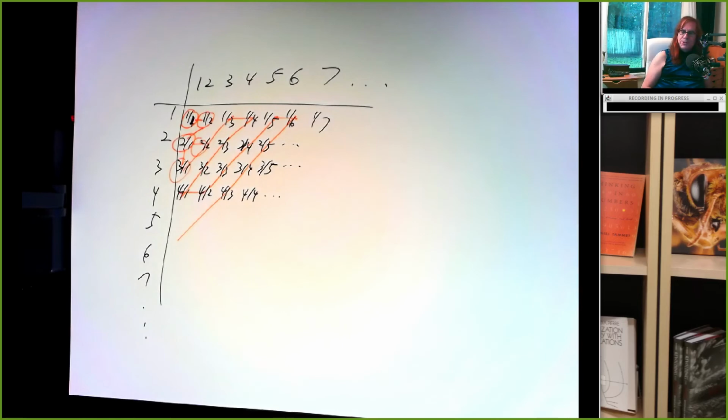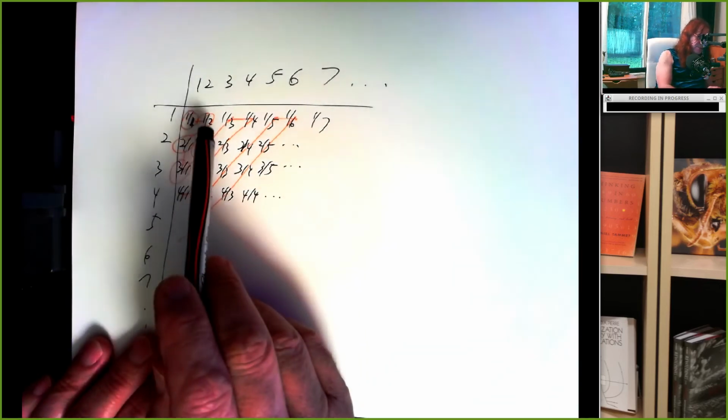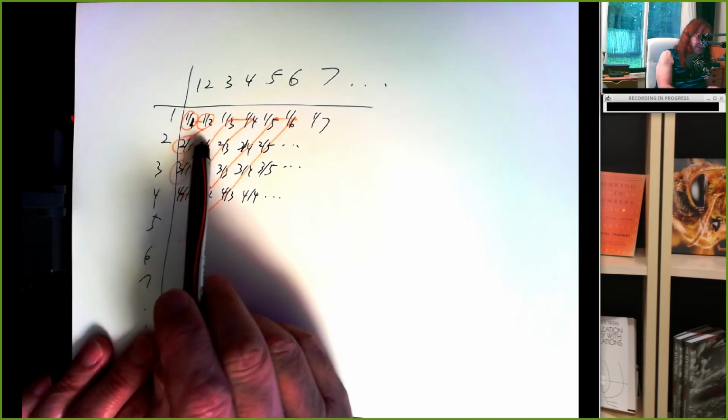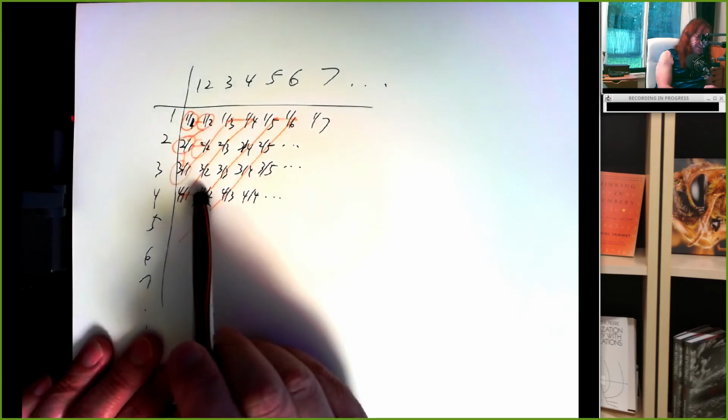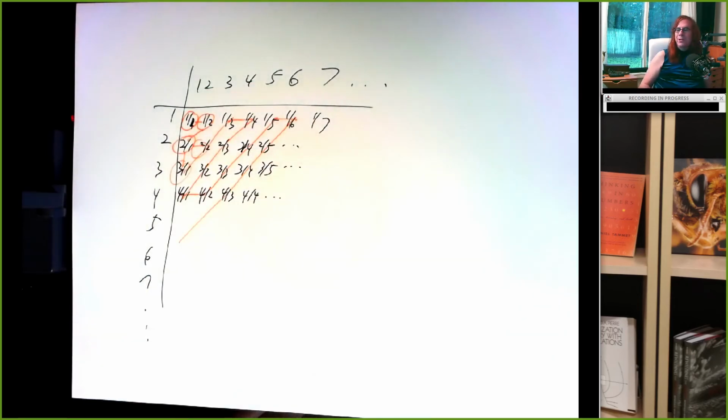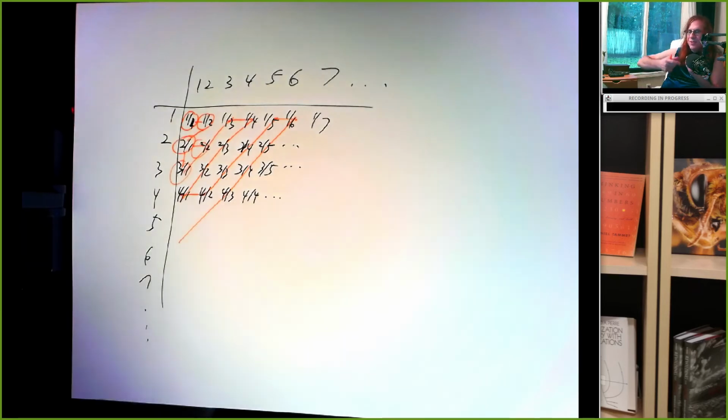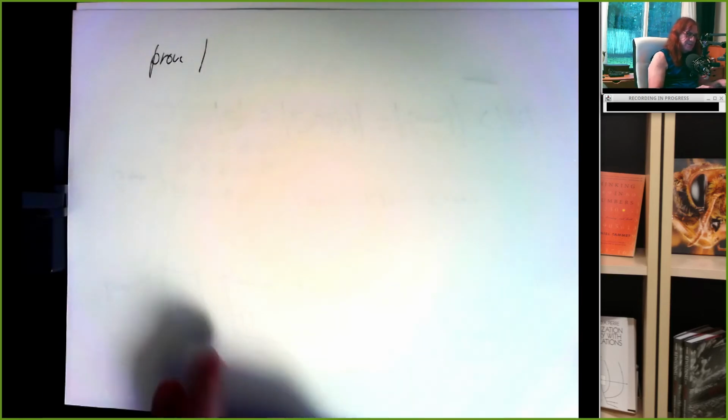So I'm going to associate with each fraction its position along this path. This will correspond to 1, 2, 3, 4, 5, 6, 7, 8, 9, 10, 11, 12, 13, 14, and so on. It's a one-to-one correspondence. So even the fractions, which are pairs of integers, has the same size as the integers themselves.